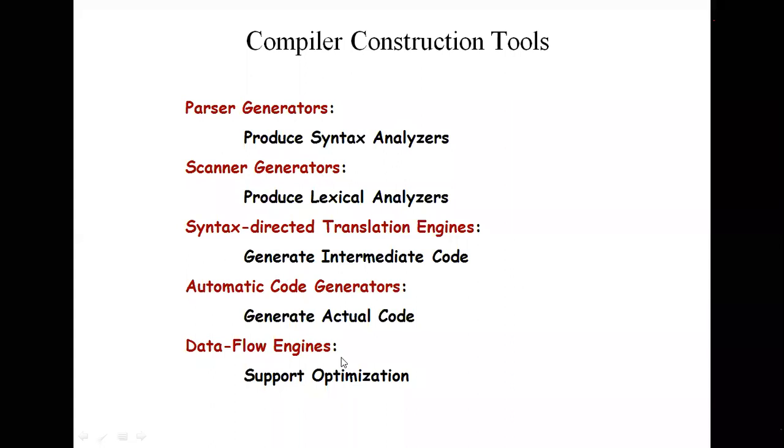Explain about compiler construction tools, or give a brief description about compiler construction tools, or what are compiler tools, compiler generator tools, or translator writing system tools. For all of these questions, the answer is these 5 tools. The answer that we need to describe for all those questions is with these 5 tools.